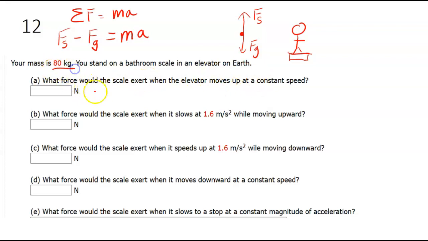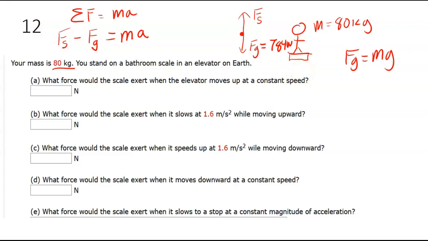Since I know my mass is 80 kilograms, I know that my force of gravity is equal to mg. So I take 80 times 9.8. And no matter what this elevator does, my force of gravity is going to be 784 newtons.